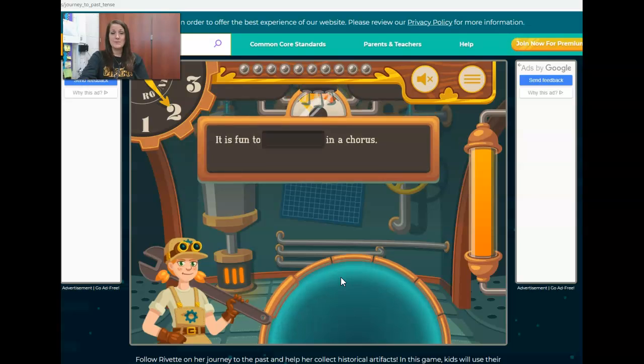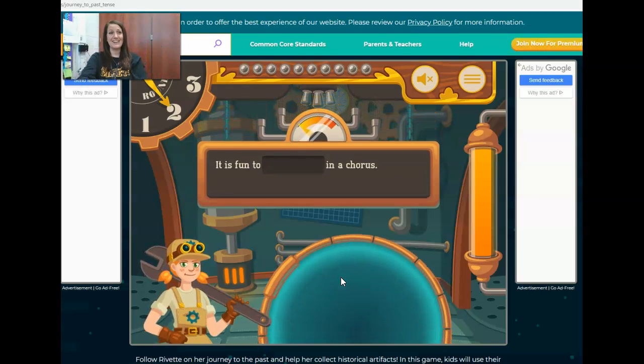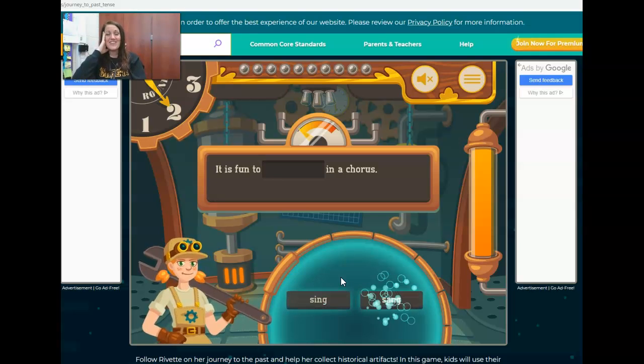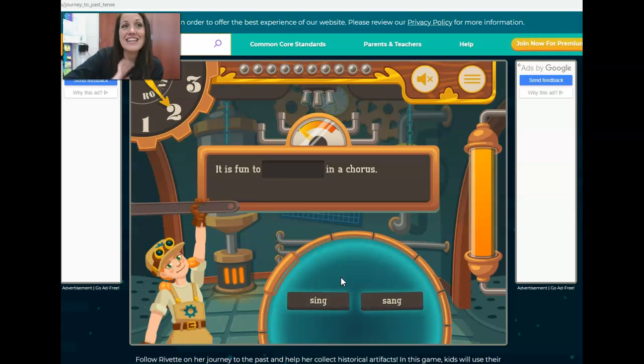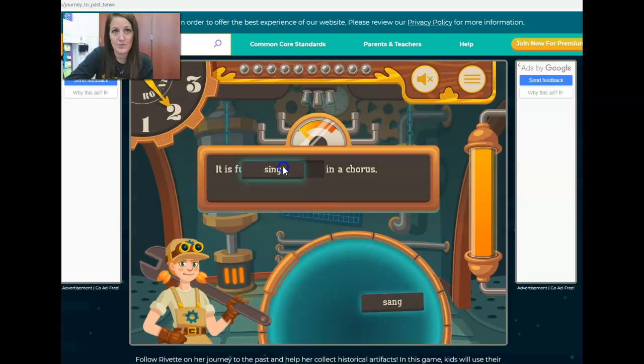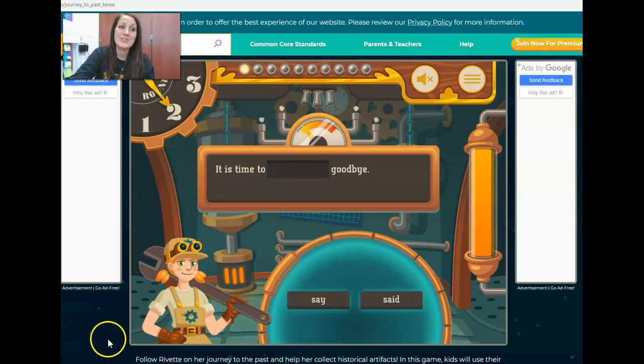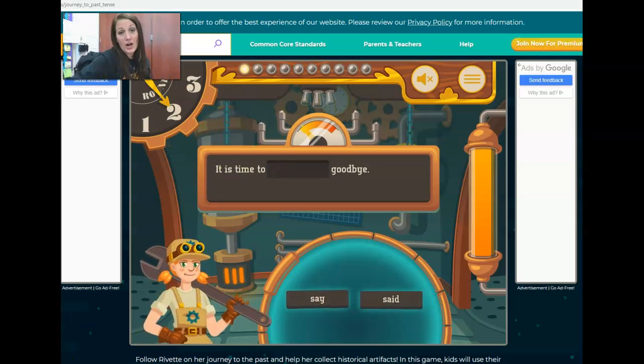So what makes more sense in this sentence? Oh my gosh, I'm so sorry. This is so slow. Sing or sang. It is fun to sing in a chorus. It is fun to sang. It would be present tense. So I'm going to put the present tense. And then just keep going. All right. So have fun practicing your past, present, and future tense verbs.